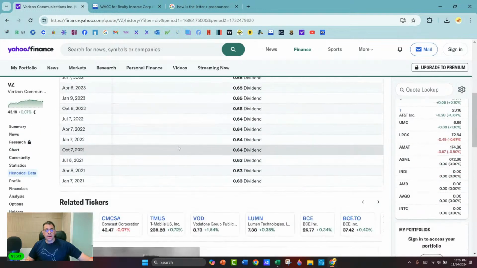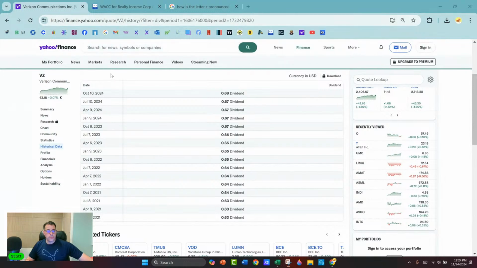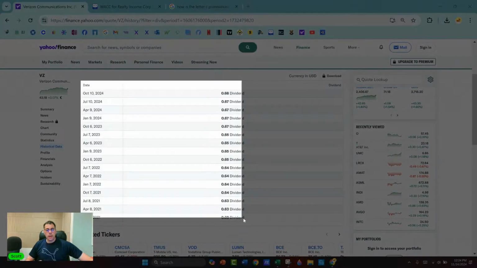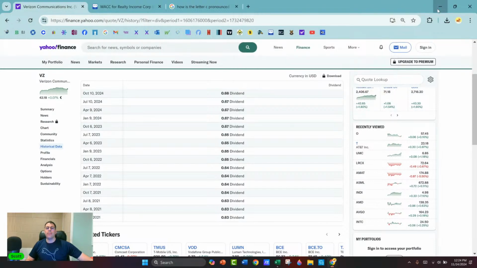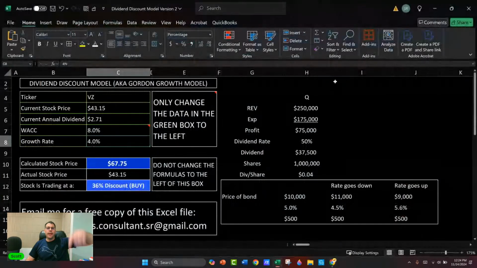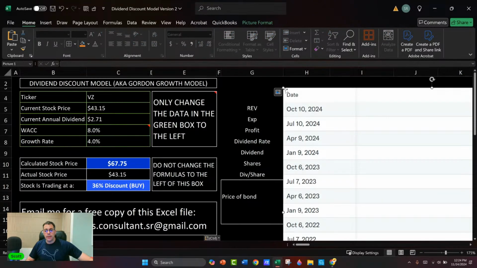So if you look at their history, it's a lot easier to do on a company like this. But if a company's dividend goes up and down, then there's no way to calculate the growth rate.